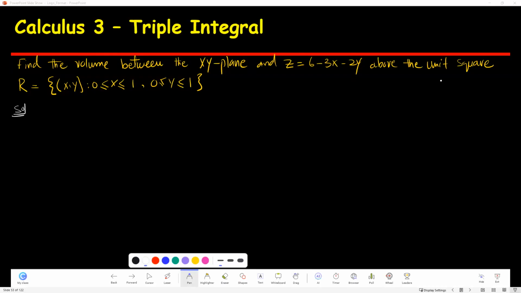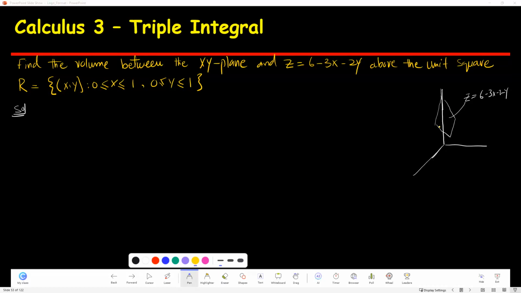So really what we have here is a 3D scenario, and I have a plane given in this problem. The plane equation is z equals 6 minus 3x minus 2y.